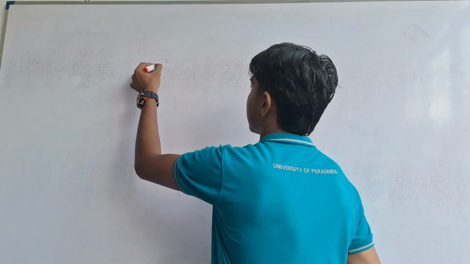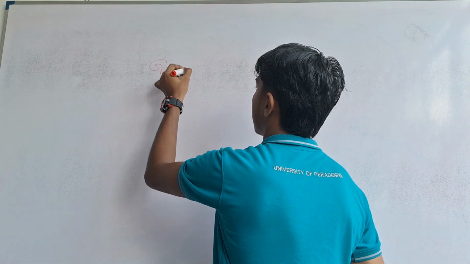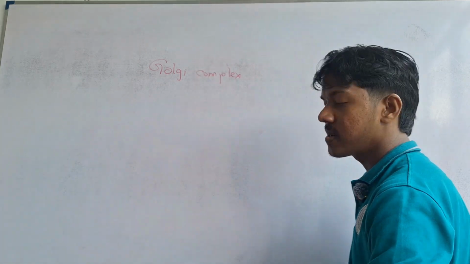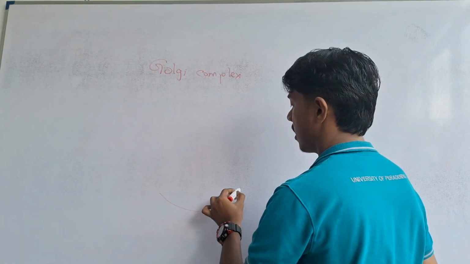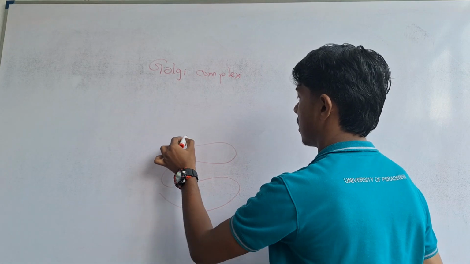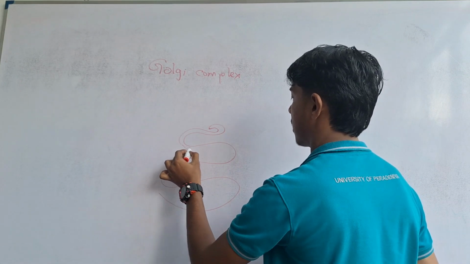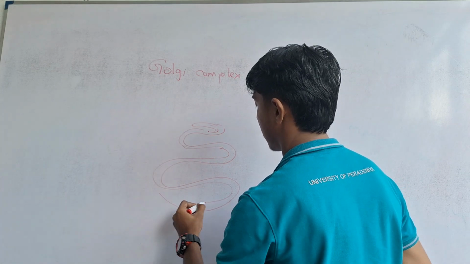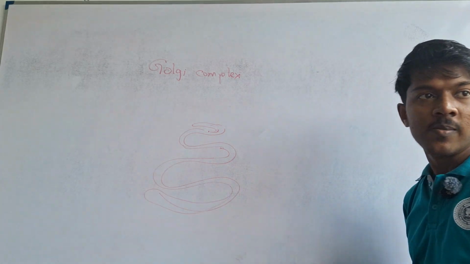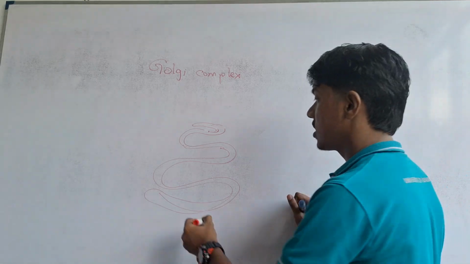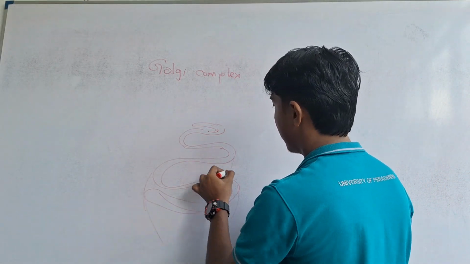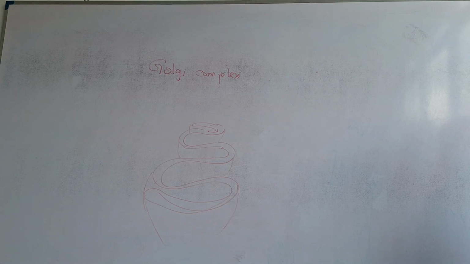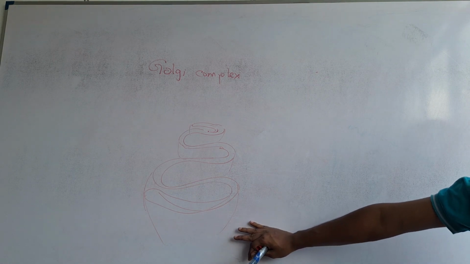Okay, Golgi complex. The Golgi complex is also composed of flattened sacs or tubular sacs. Does it look flattened or tubular?